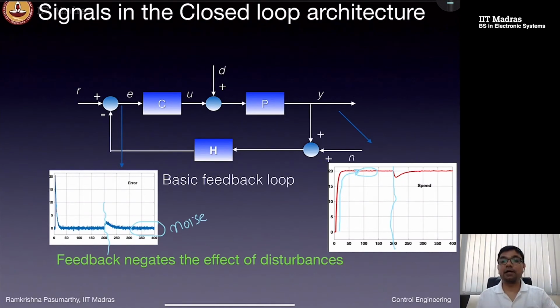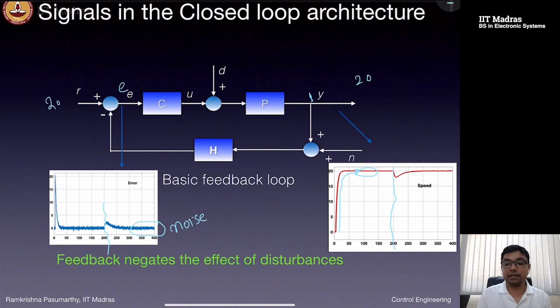Say at t equal to 200, a disturbance happens, like my mass increases 5 times and so on. The system would not immediately respond, just like it doesn't immediately go from 0 to 20. It will take some time, right? So there will be some output, and there will be some error now. This will be 20 when there is a zero error.